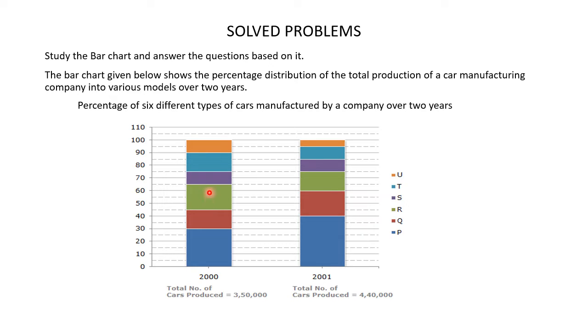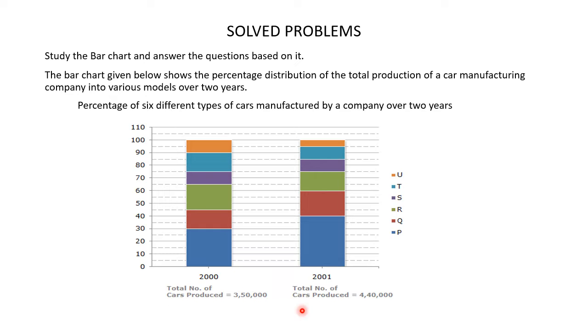The height of this green rectangle is 65 minus 45, which is 20. This means 20% of the total number of cars produced in the year 2000 is of R type. and so on. Similarly, you can calculate the percentage distribution of the various types of cars for the year 2001.